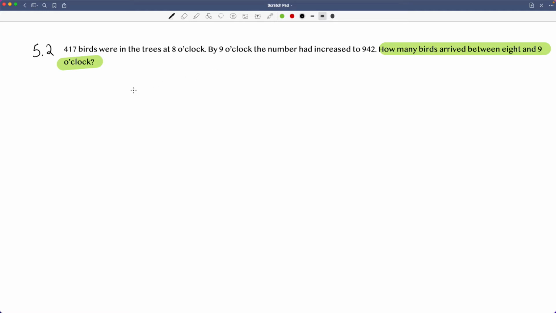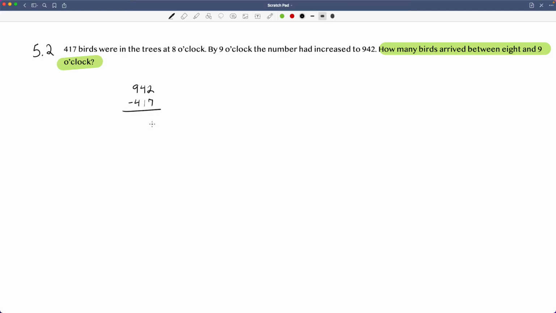So we're going to say 942, which is our minuend, the sum of those two numbers added together. And we're going to subtract one of the add-ins, which is 417. That's going to become our subtrahend. And then our difference is going to be the other add-in.